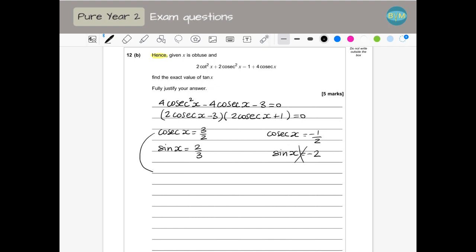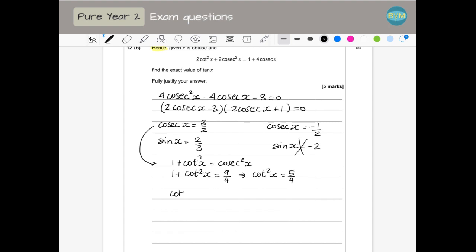So we come from here, and we know that 1 plus cot squared is cosec squared, and we are going to substitute that. So 1 plus cot squared x is going to be my cosec squared, so 9 divided by 4, which means cot squared x is going to be 9 quarters minus 1, which is 5 quarters.